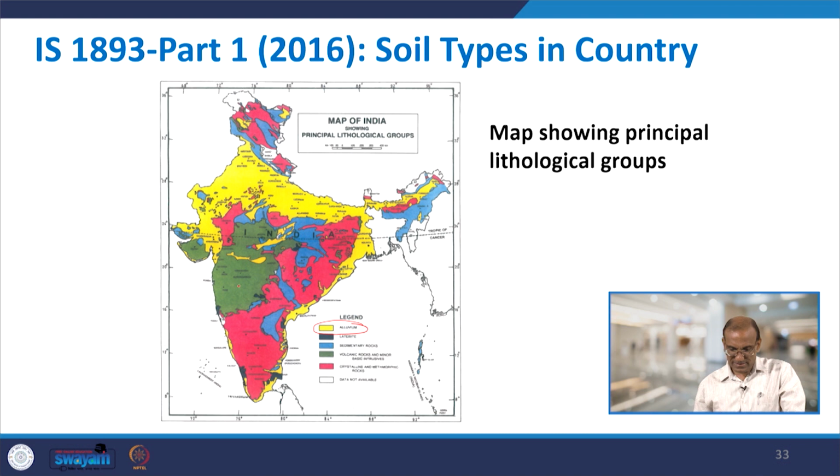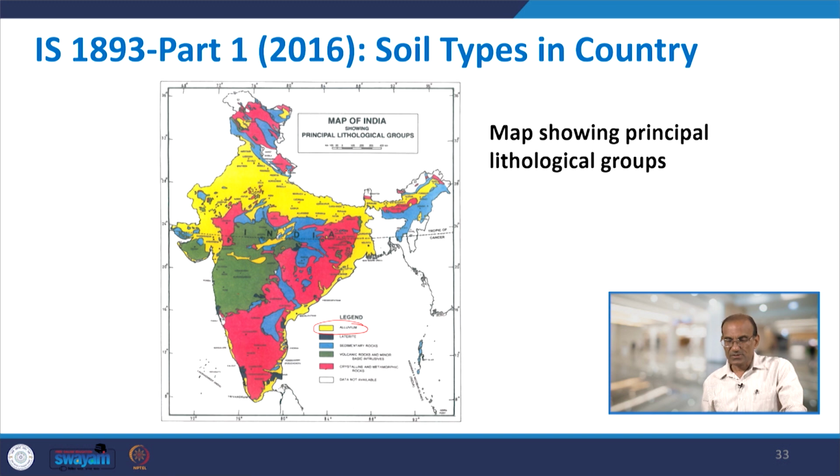Then in the Maharashtra region you have volcanic rocks. So, basically yellow, then green and red colors, and blue is also sedimentary rocks. Then laterites with the black color. You have a small portion 1, 2, 3, 4, 5, and the 6 is data not available, which is for some of the sites including Himachal.